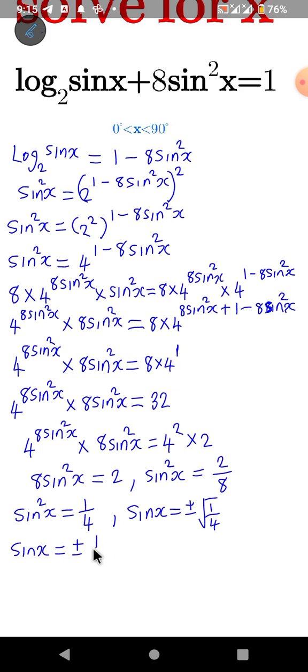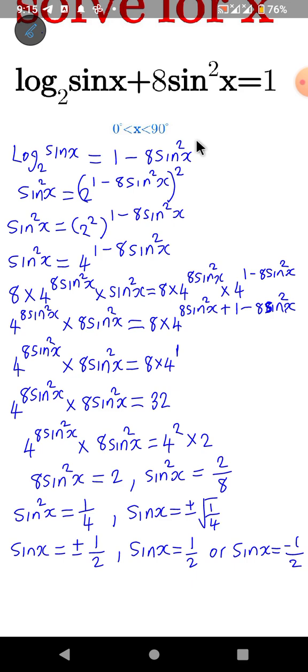By taking the square root of both sides, that's how we got this. The square root of 1 over 4 is 1 over 2. So this means that sine x is equal to 1 over 2, or sine x is equal to minus 1 over 2.